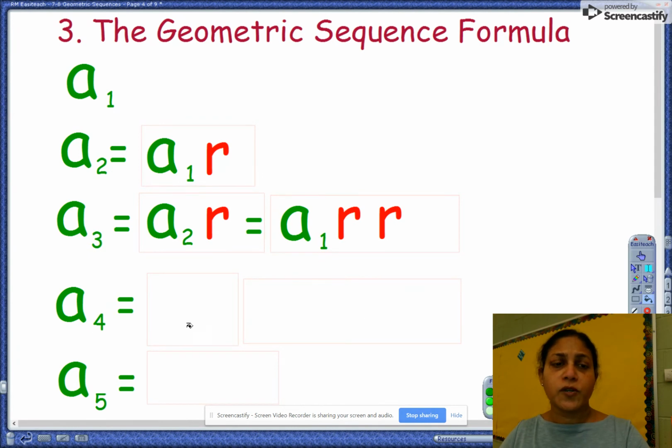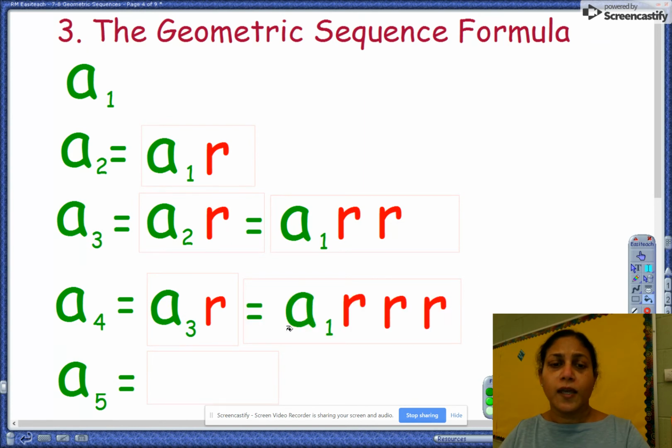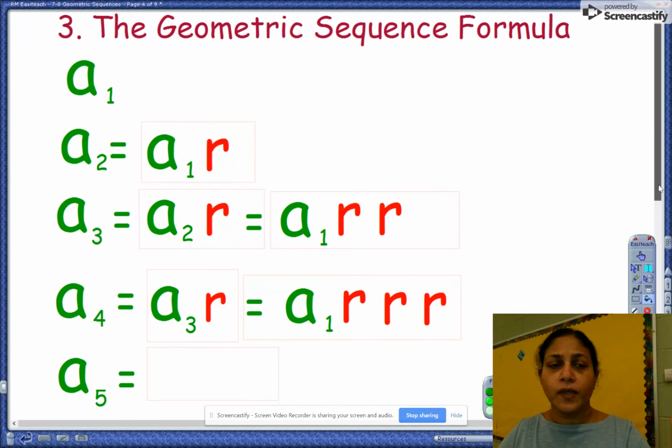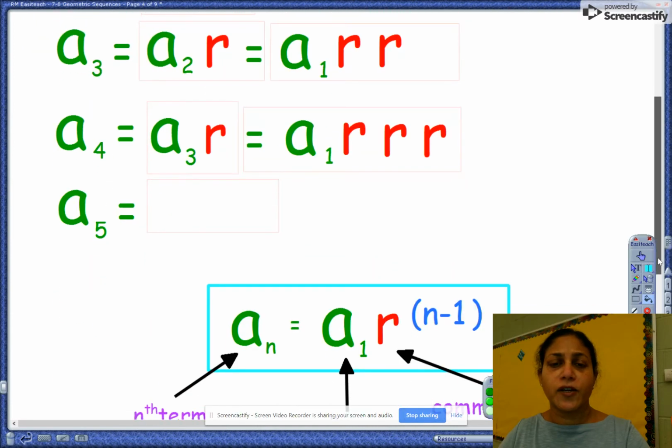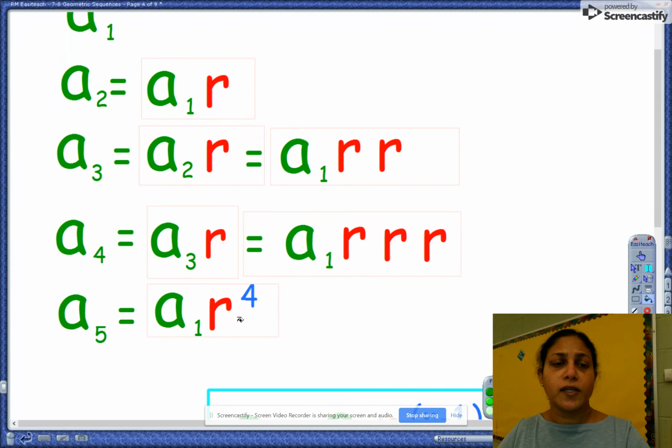The fourth term is going to be a3 times r, or a1 times r, three of them. The fifth term is going to be a1 times r to the fourth. Notice when we want the fifth term, we multiply the ratio one less time.